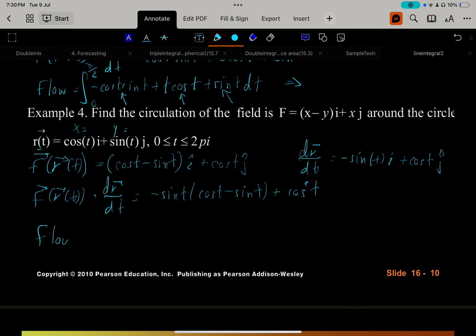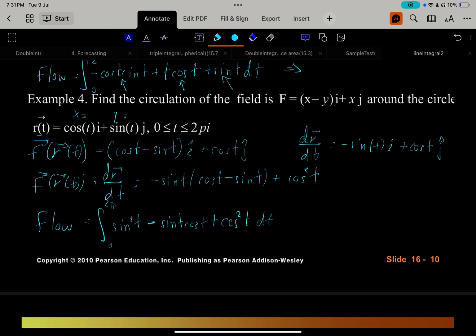The flow is the integral from 0 to 2 pi of sine squared of t minus sine of t cosine of t, plus cosine squared of t. Sine squared plus cosine squared equals 1, so this is the integral from 0 to 2 pi of 1 minus sine of t cosine of t.